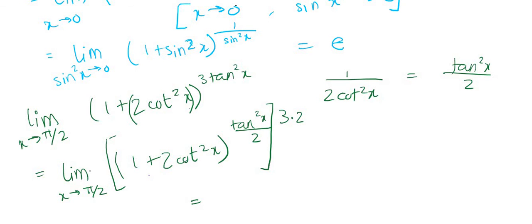So you can essentially take the limit inside, because this is for all our purposes a continuous function. When I do that, this is basically e, because when x approaches pi by 2, 2 times cot squared x approaches 0, so it satisfies the identity as well. So this is e raised to 3 into 2, which is e raised to 6.